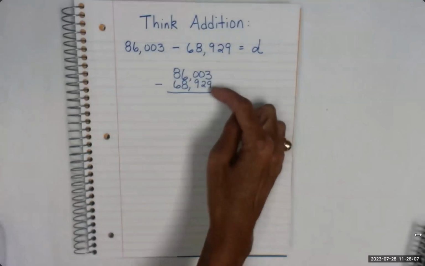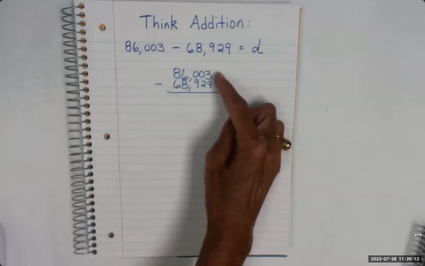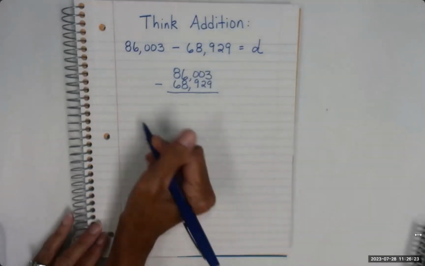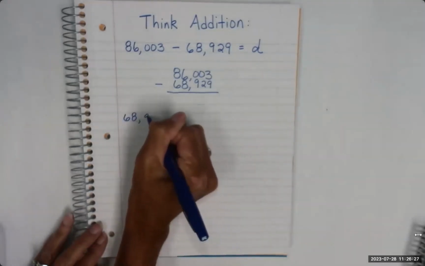By counting from this subtrahend, 68,929, up to 86,003, students are able to figure out the difference between those two numbers. So we're going to start with 68,929.